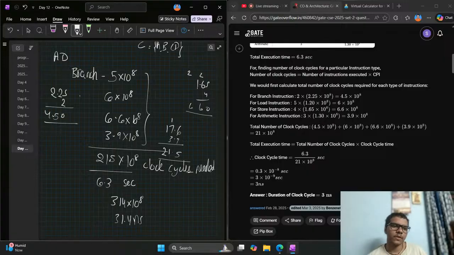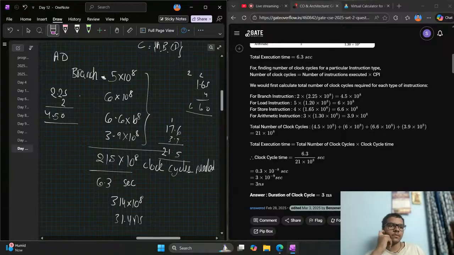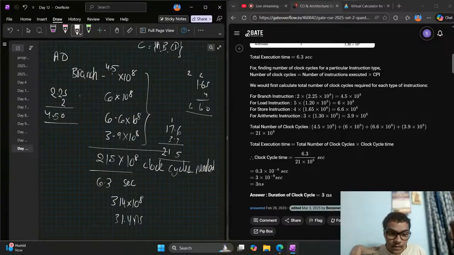Yeah, it's 5. So okay, that's a problem in arithmetic. And the 0.5 decreases, so 21 into 10 power 8 clock cycles needed.